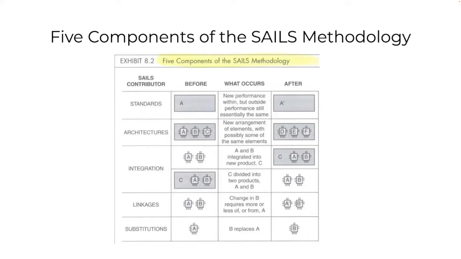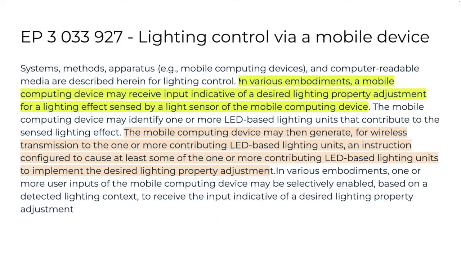So when we were looking at the patent descriptions, we were trying to identify what kind of stage within the sales we are at. And now I hand it on to Merve.